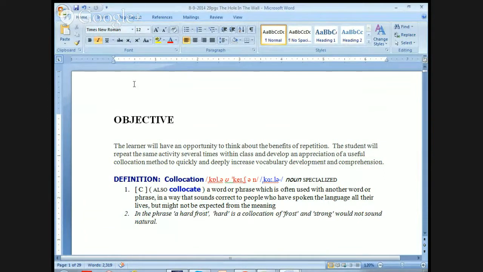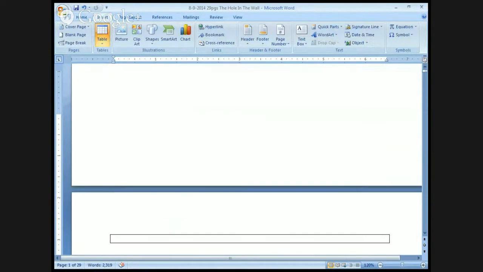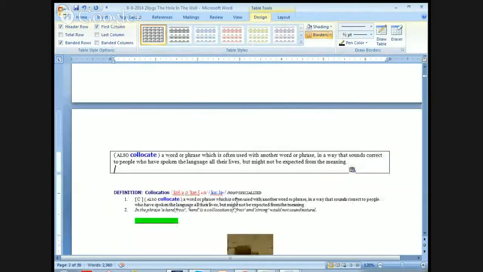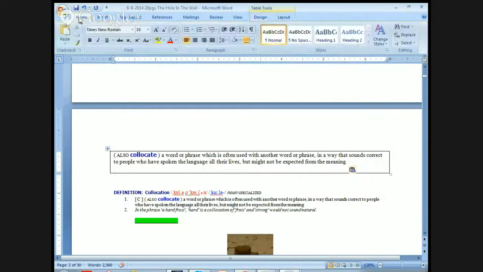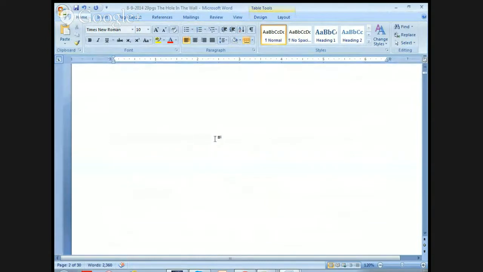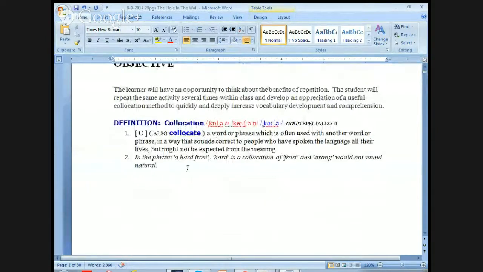So let me put this here on the screen, and I want you to hear it, and then later on I want you to be able to use it. If not today, sometime this week, I want you to be able to use what you're learning about collocations. I'll give you a few examples, and from there, hopefully you'll be able to get a better feel for what it actually means.